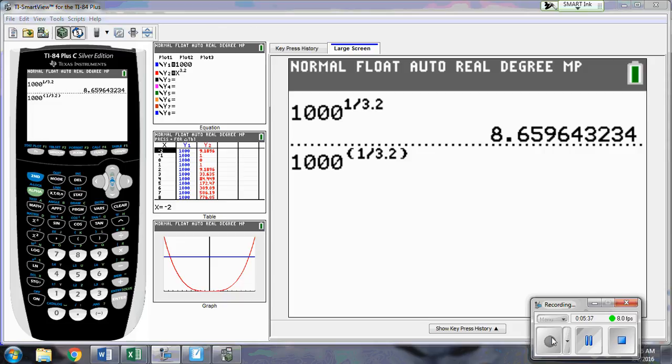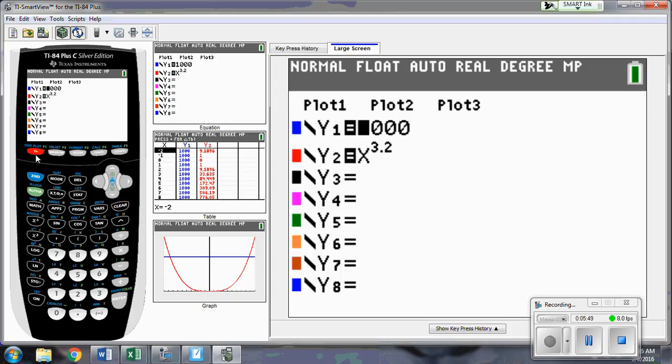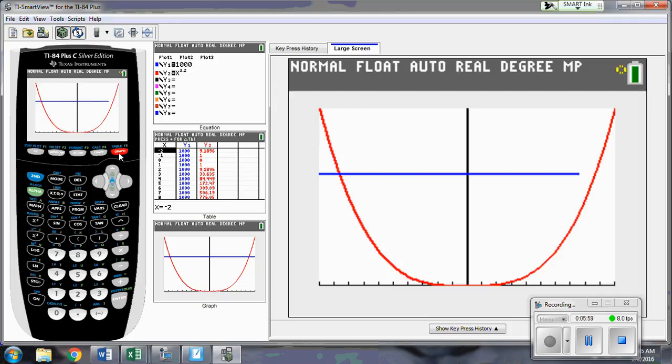However, we're still not finished with this one, because we have been given an answer of 8.6596, so approximately 8.66. But when we go into our y equals and solve this graphically, I just have the two sides of our equation. When we graph this, we can see that there are actually two solutions because it intersects twice. There is still a limitation to your calculators, even our 84 Plus Silvers.